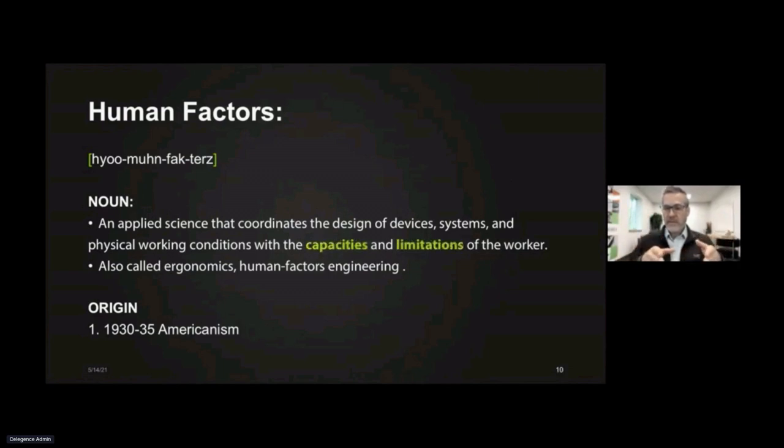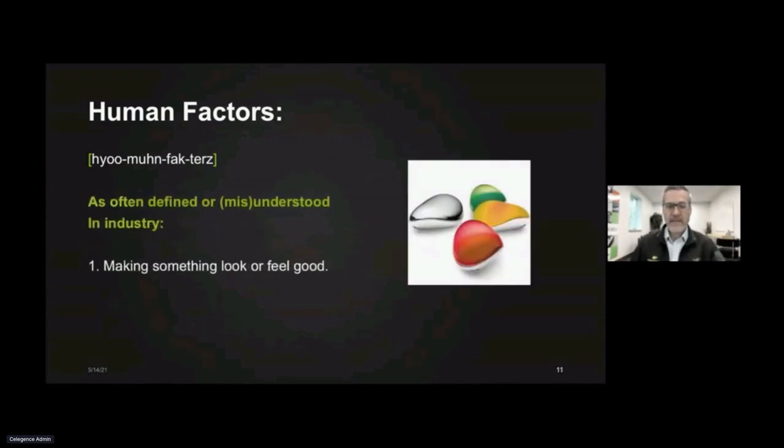Those are the two important key terms right there: capabilities or capacities, and limitations of our user. That's what human factors engineering takes a look at and addresses. And of course, we want to mitigate any risk or errors or misuse that might lead to marketplace disadvantage based on those capacities and limitations. Now, there's a lot of misunderstanding about human factors when people talk about it.